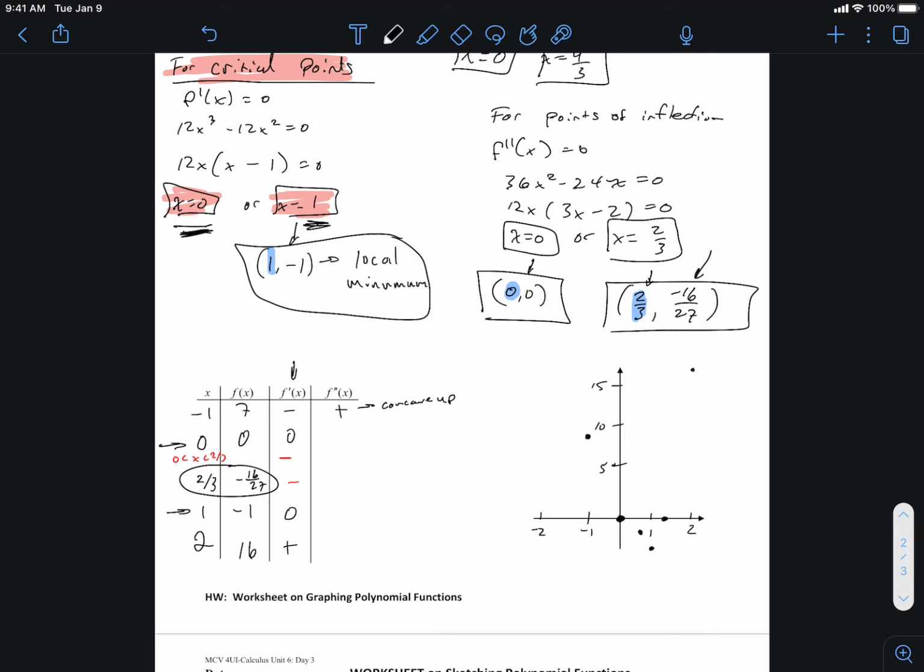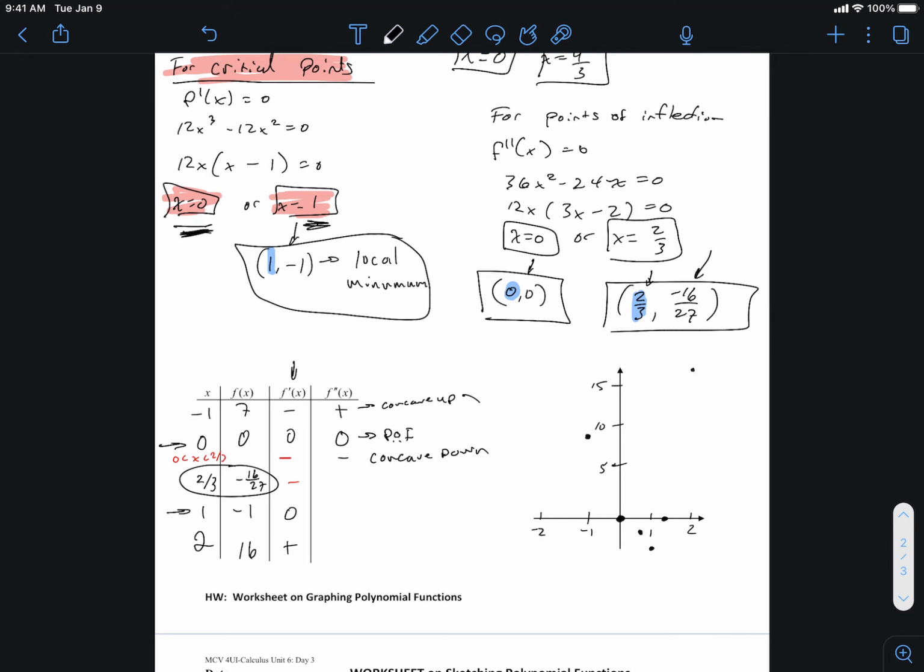When x is 0, this was a point of inflection, a 0. So something is changing from concave up to concave down, it appears to be, because on this interval we're going to get a negative here, which indicates concave down.